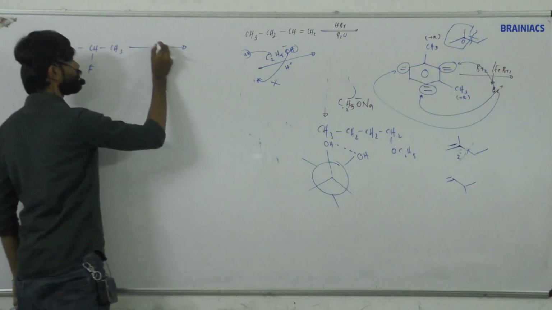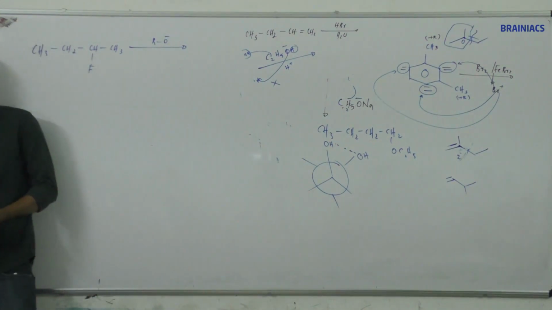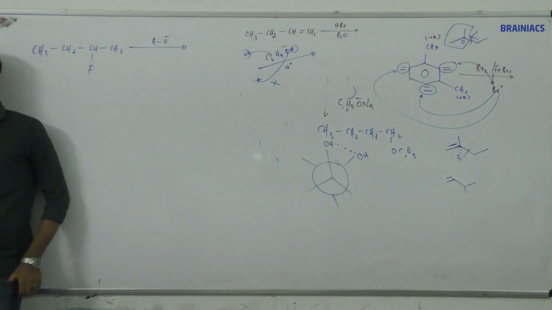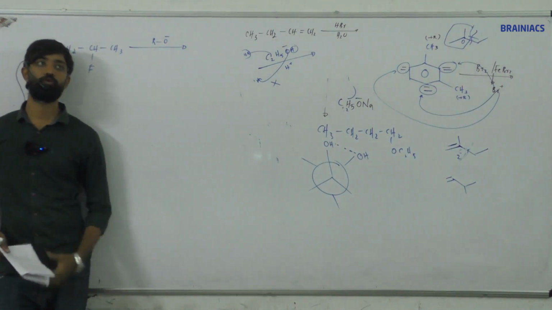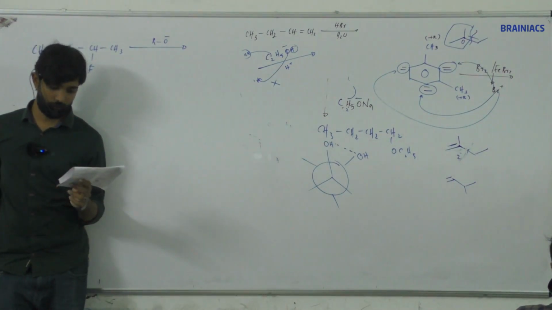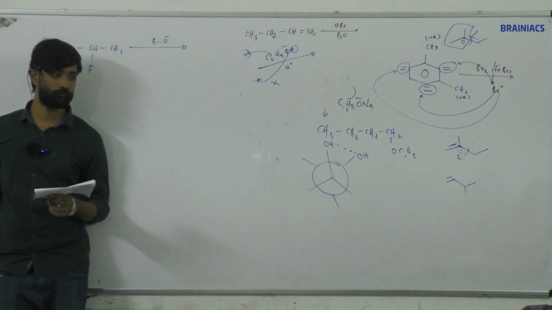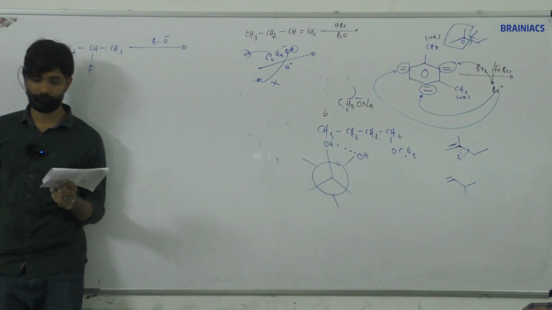Methoxide, alkoxide ion is there? Because the acidity of water is more than alcohol, that's why alkoxide ion is a strong base. So here there is a chance for elimination. Choice B.